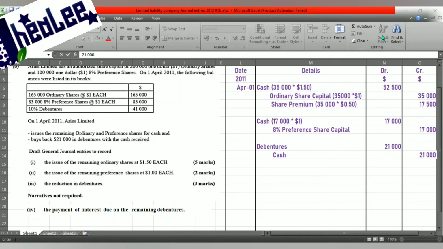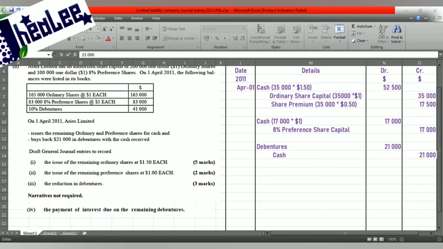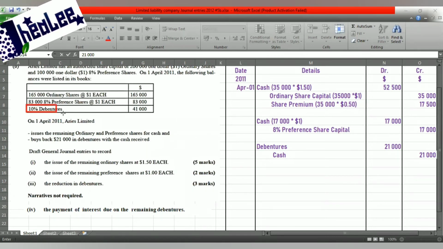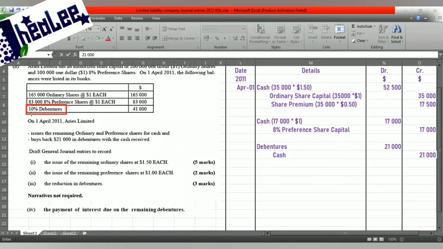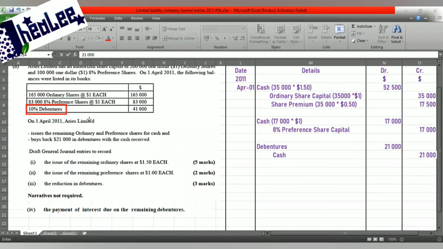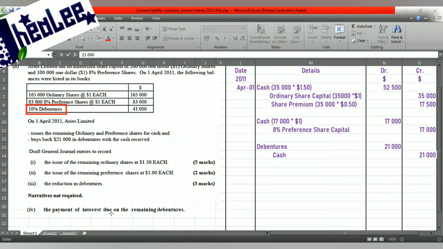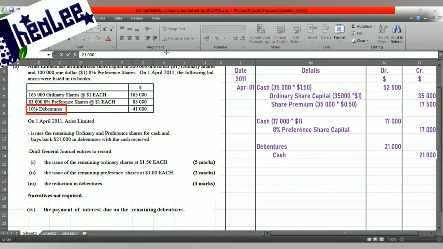If you look at the question, you would notice that they indicated 10% debentures. This 10% indicates the rate to be charged for interest on the debenture per year. They indicated that we are to show the journal entry to record the interest due on the remaining debentures.